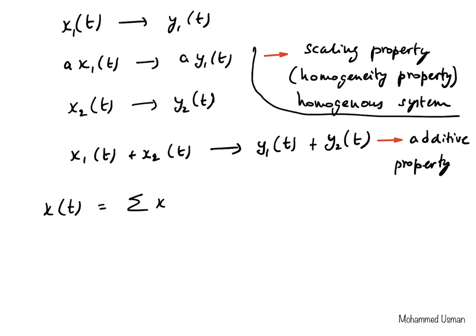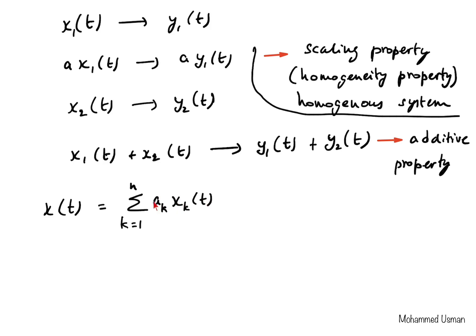So we can call it the summation of xk of t for k equals 1 to some n. We can have n such inputs, and each of these can be scaled. So we'll multiply each of these with a scaling factor ak.